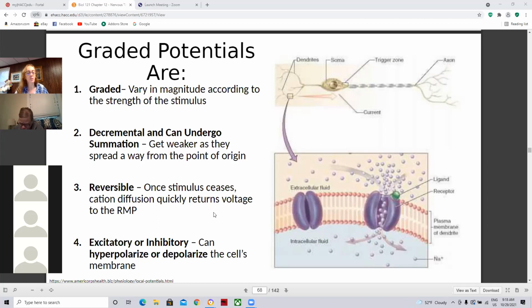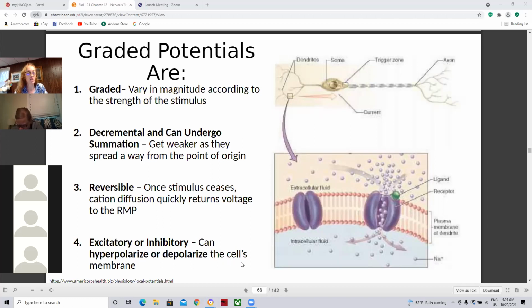What does it mean to hyperpolarize? It means to make the membrane potential more negative than it was before. Depolarization means to make it more positive than it is normally, making there less separation in charge than there was before. Remember, polarity is a separation in charge.